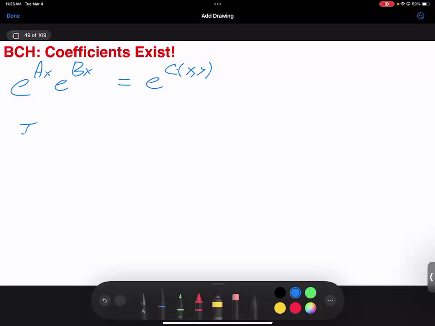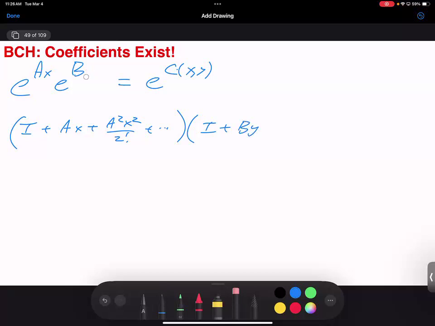On this side, it's going to be I plus ax plus a squared x squared over 2 factorial plus dot dot dot. And then we'll have I plus by plus b squared y squared over 2 factorial plus dot dot dot.